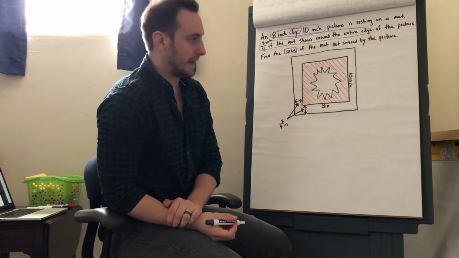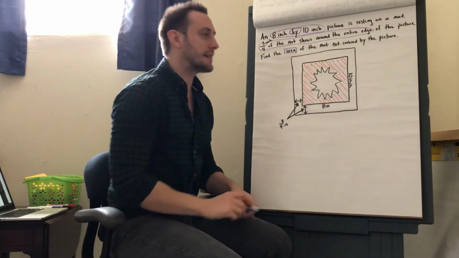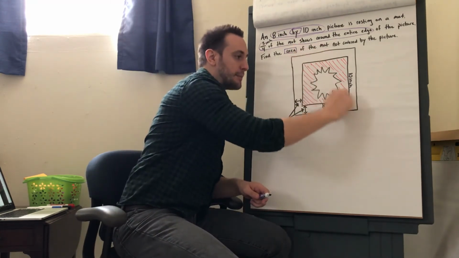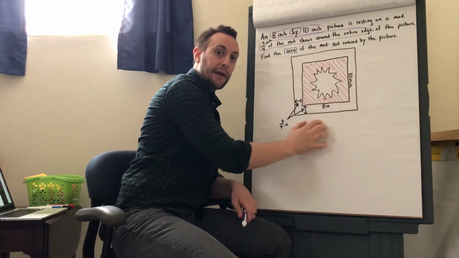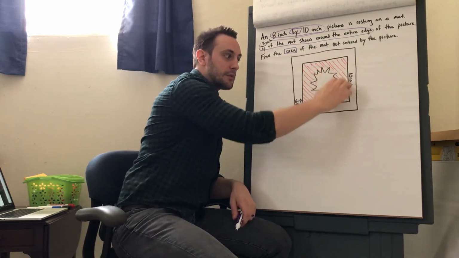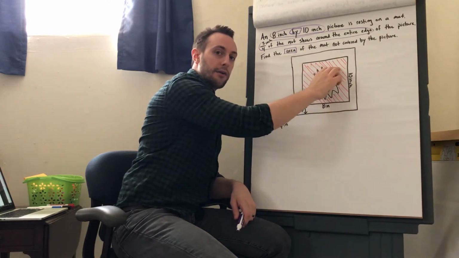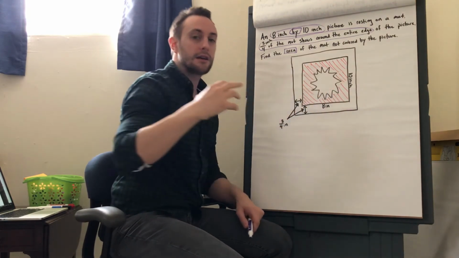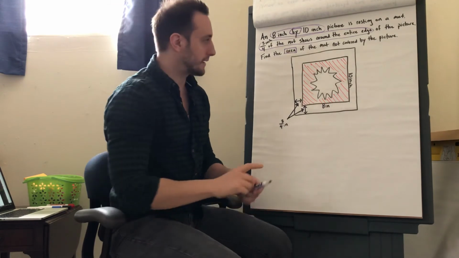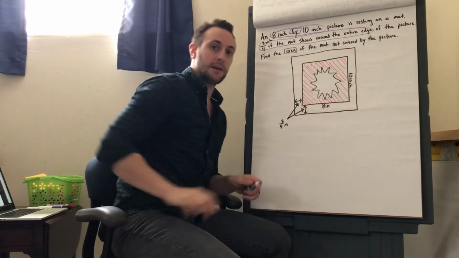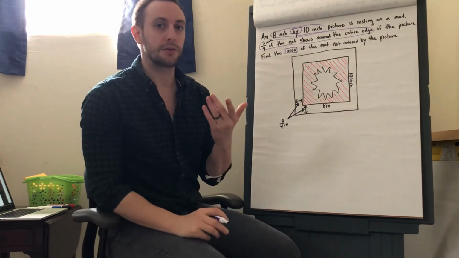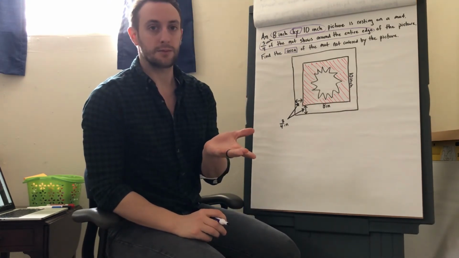So essentially what we're going to have to do is find the area of this entire big square, the whole thing, find the area of the smaller square, then subtract the two, because we have to find just this part. Okay, and the best way to do that is you have to subtract.